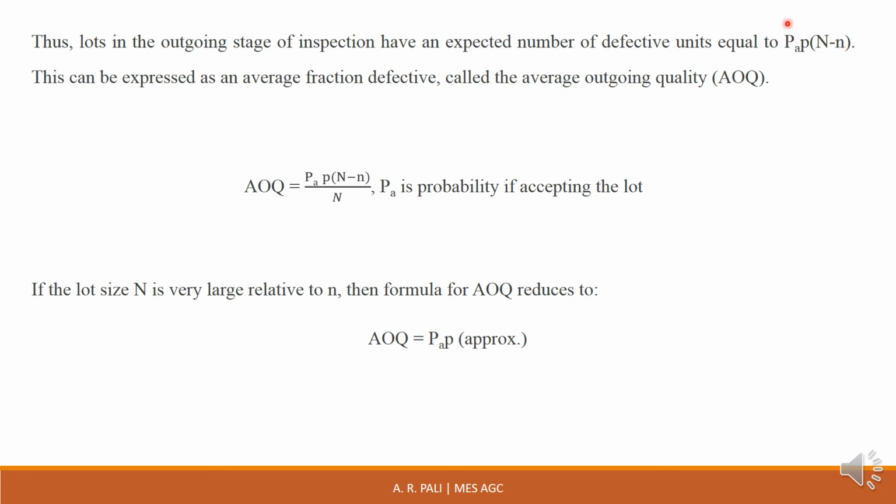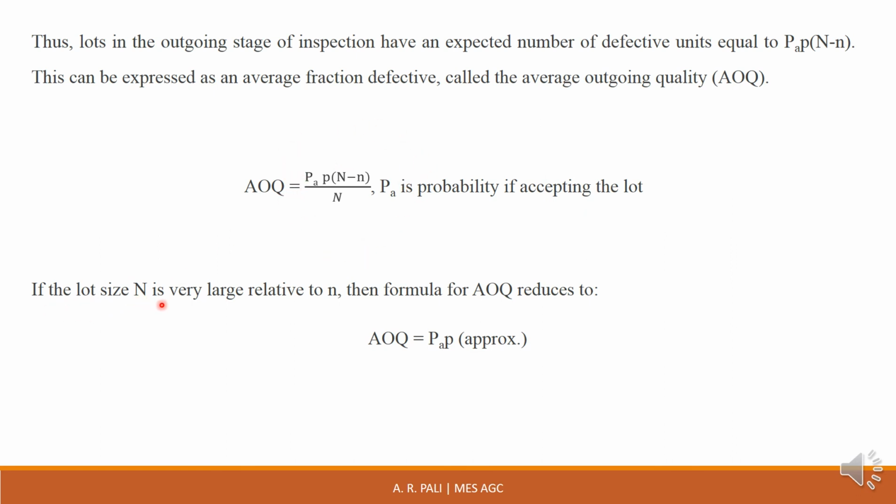Now these are the number of defectives, but we want average outgoing quality, and by average outgoing quality we mean average outgoing proportion of defectives. So we are dividing this number with capital N, the total lot size. So this is the average outgoing quality or average outgoing fraction defective which we are expecting.